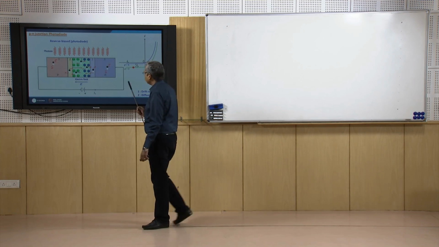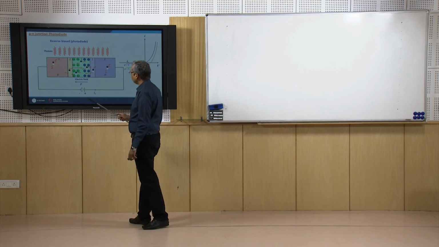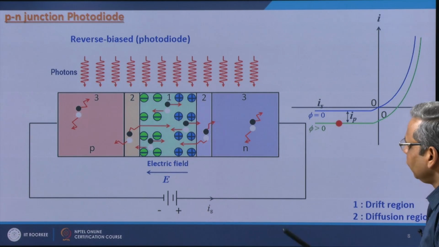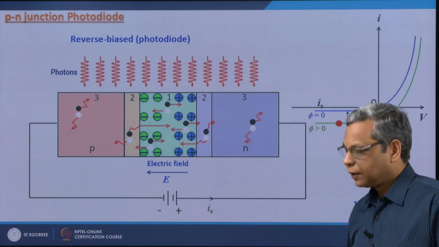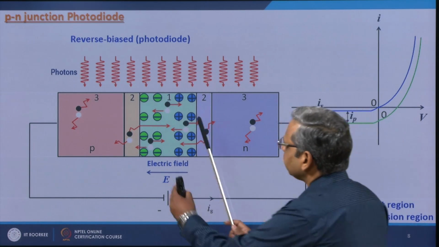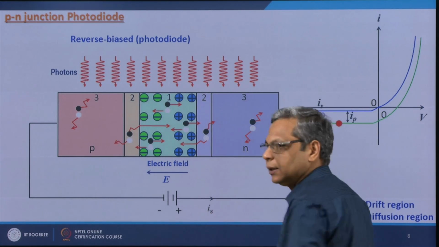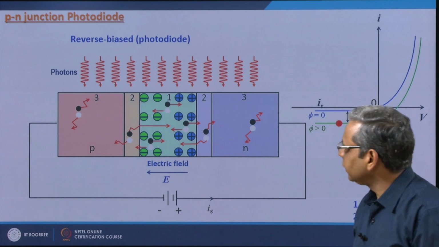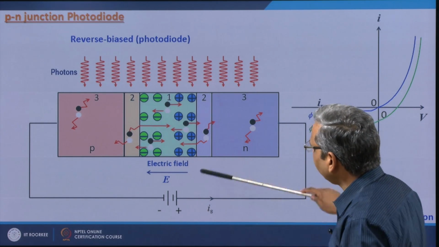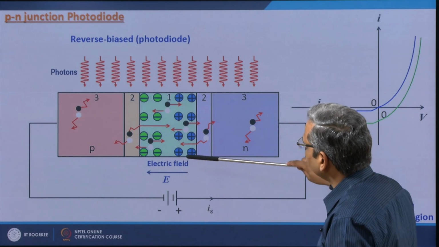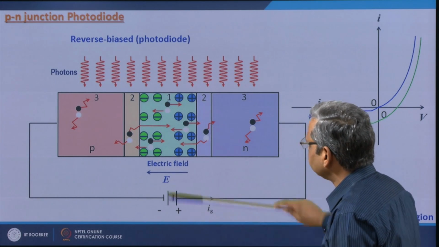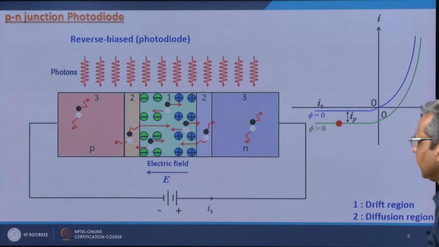You can also bias it. If you reverse bias it, then you basically increase the width of this depletion region, and you have a wider depletion region, which has electric field across it.